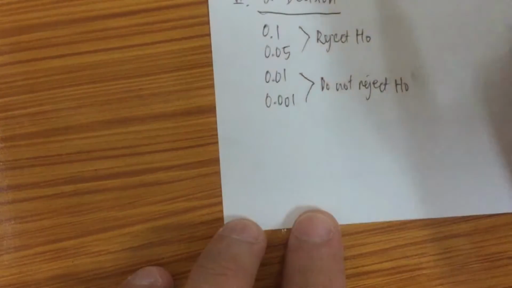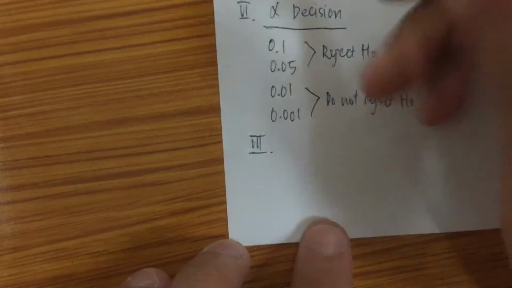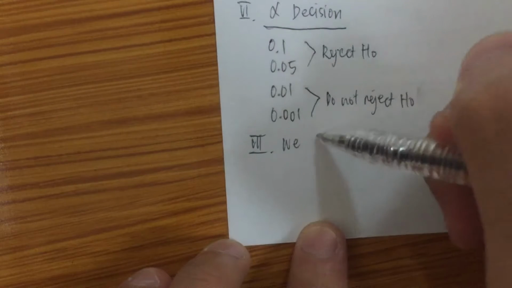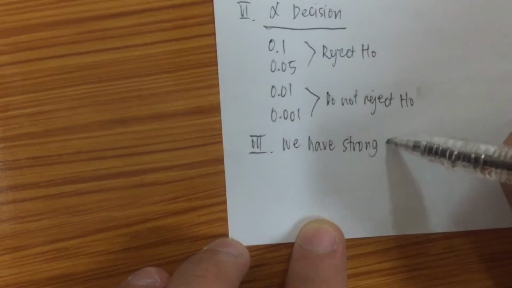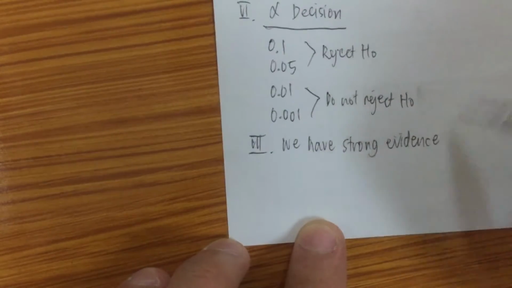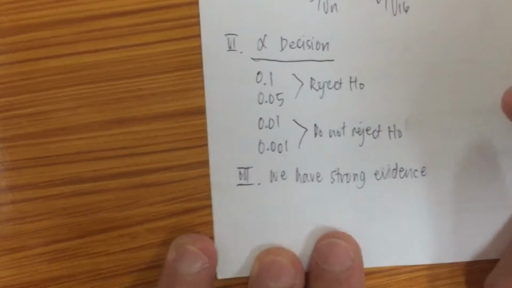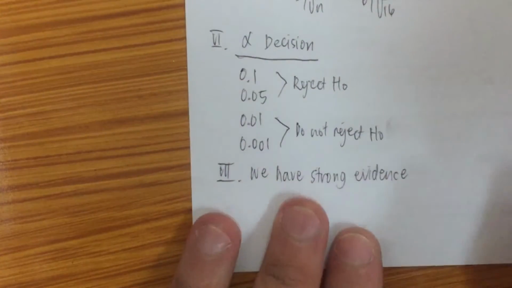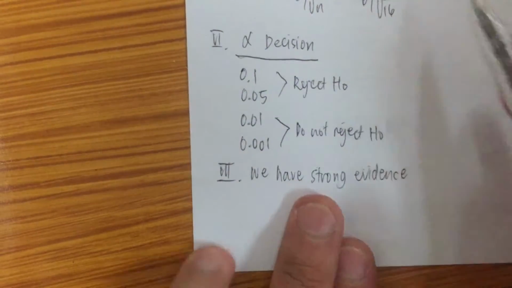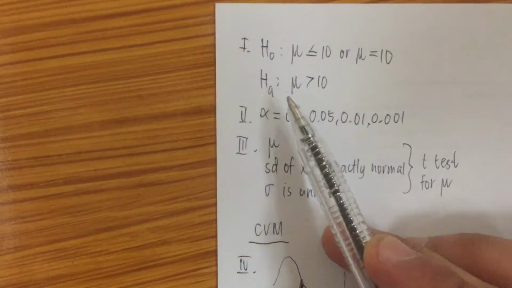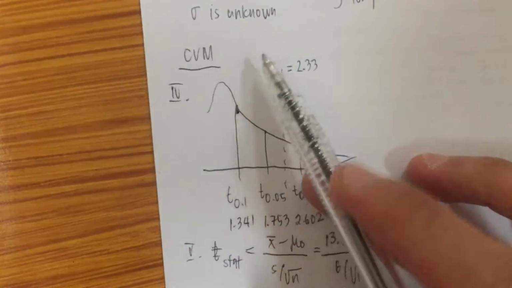Since we were able to reject the null hypothesis up to 5%, in terms of the weight of evidence, we can say that we have strong evidence. Here again, just continue with the interpretation using the actual variable. The problem does not provide an actual variable, so we can just say population mean. So we have strong evidence to support the claim that the population mean is greater than 10. So that's the critical value method.